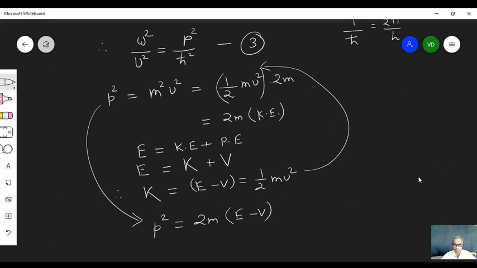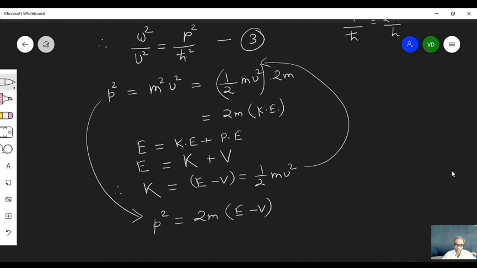Now we have the value of omega square upon v square in this equation. Omega square upon v square is equal to p square upon h cross square, and p square value is twice m into E minus V, divided by h cross square.